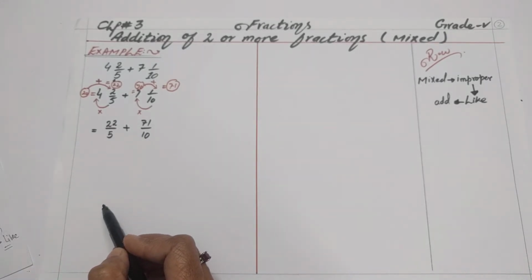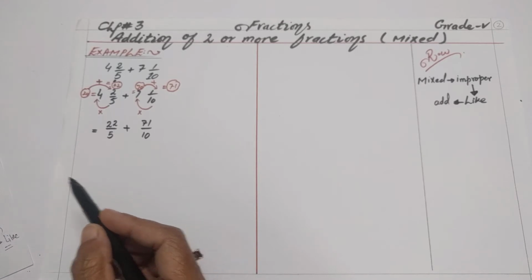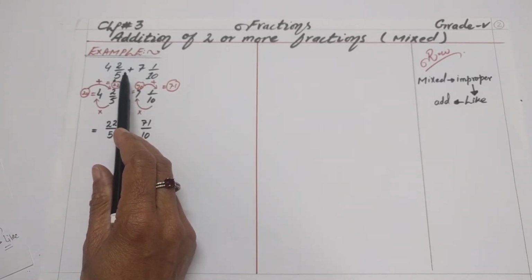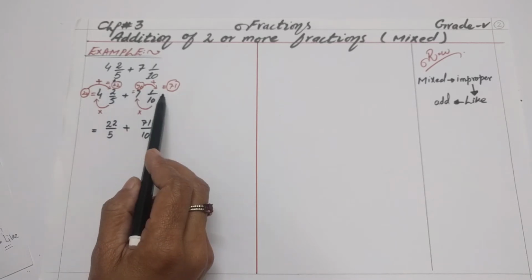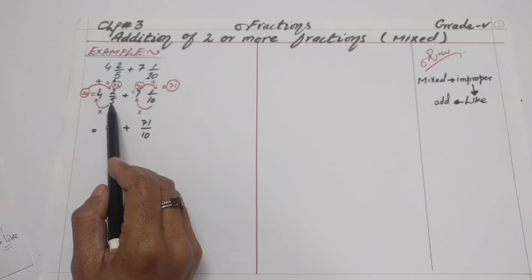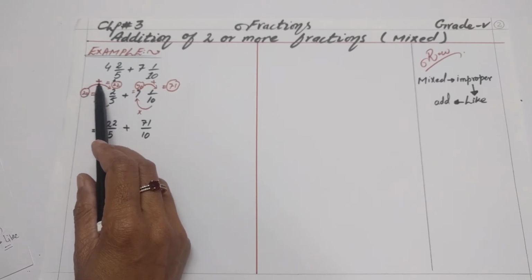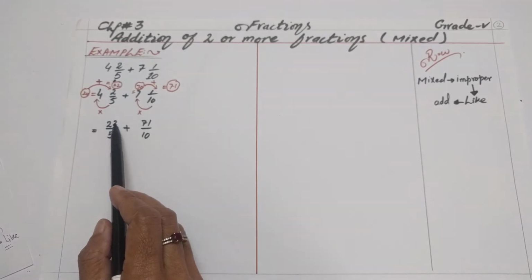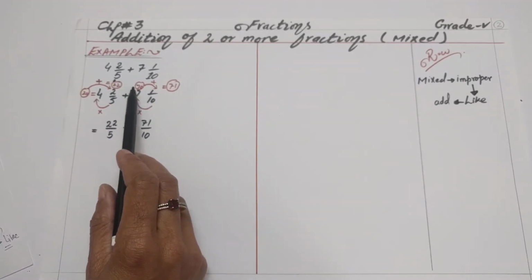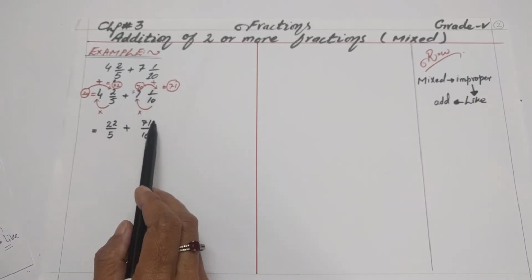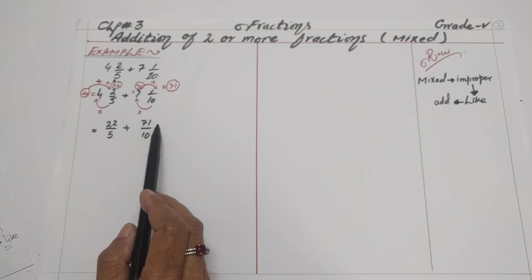Clear? Got it? This is the method: multiply the denominator by the whole, 5 fours are 20, and 20 plus 2 is 22. This 22 will be the new numerator in the improper fraction. 10 sevens are 70, 70 plus 1 is 71, and this 71 is the new numerator.